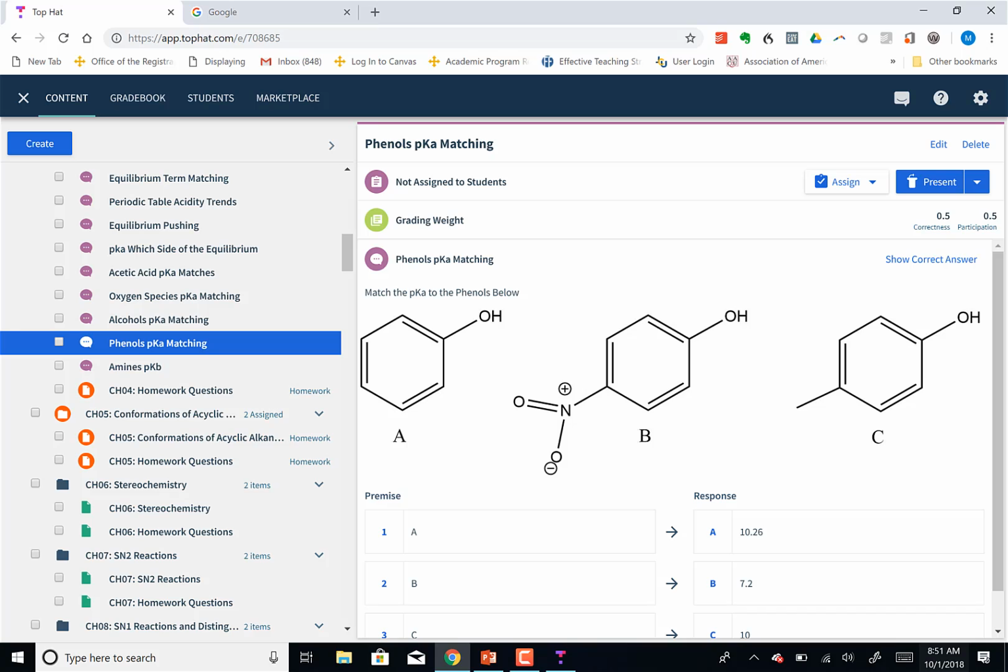How about a nitro group, though? What do you think a nitro group does? It pulls the electron density out because it has a positive charge.